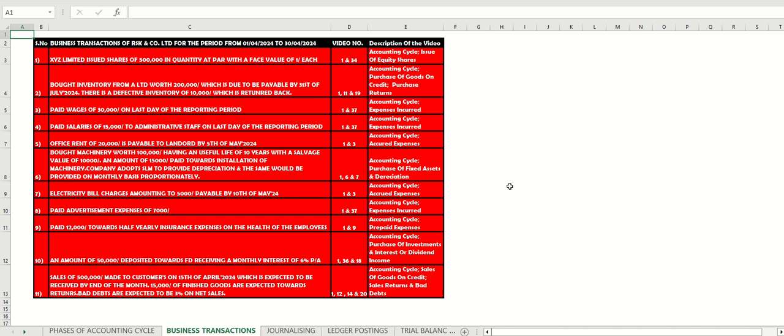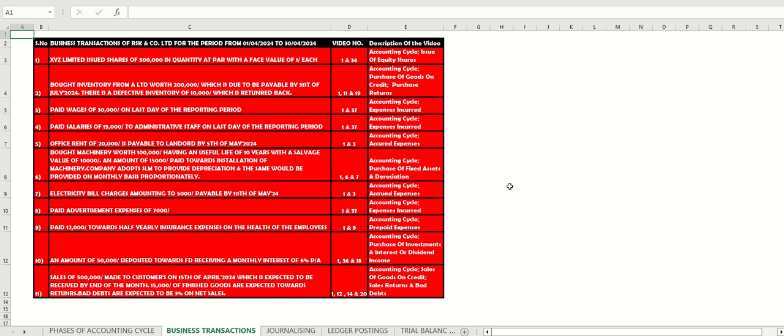Even though the concept of credit sales is involved, by end of the month the company would end up receiving the cash or bank from its customers, right?